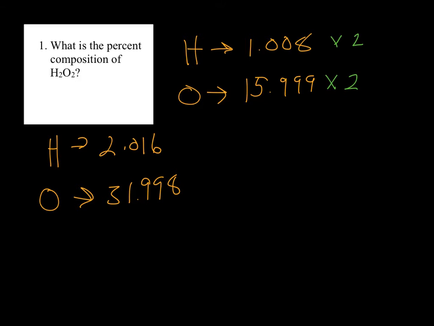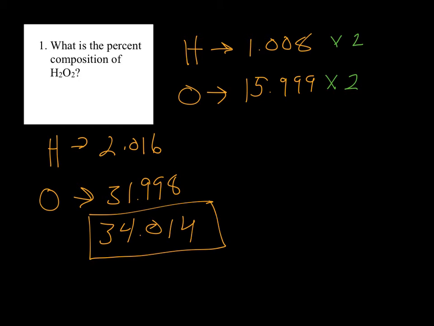So when I add those together to get the total mass of the compound, that gives me a mass of 34.014. So this is my total mass of my compound. To find the percent composition, I have to take the total mass of each element and divide by that.